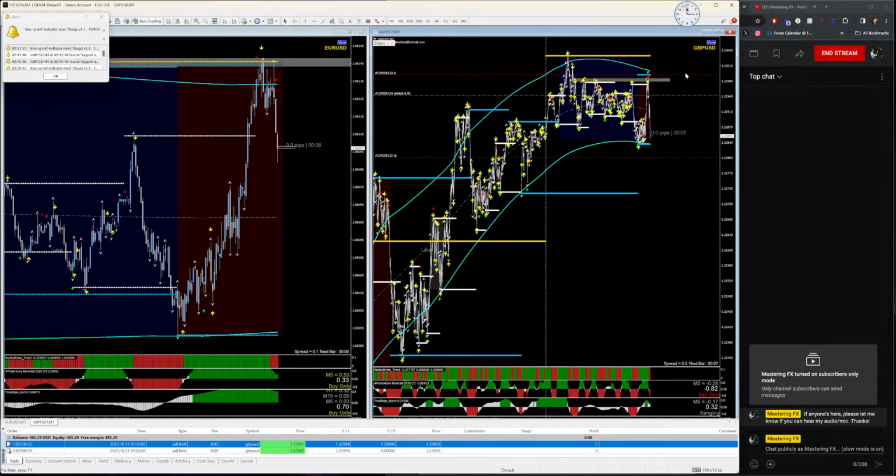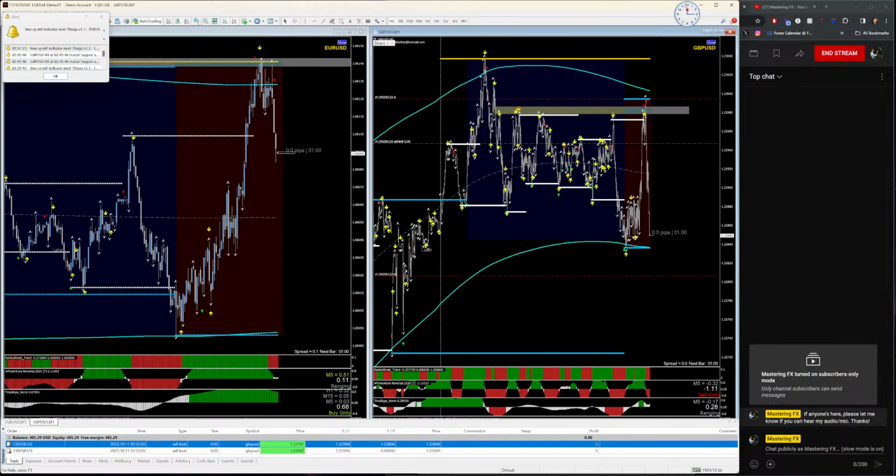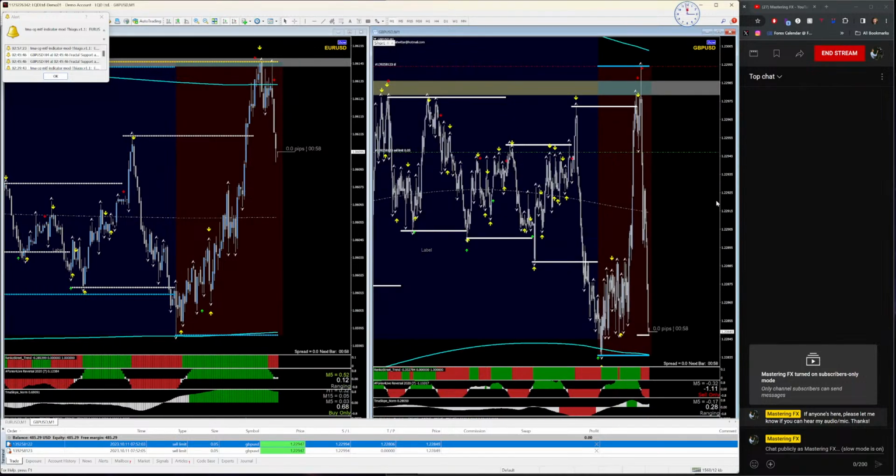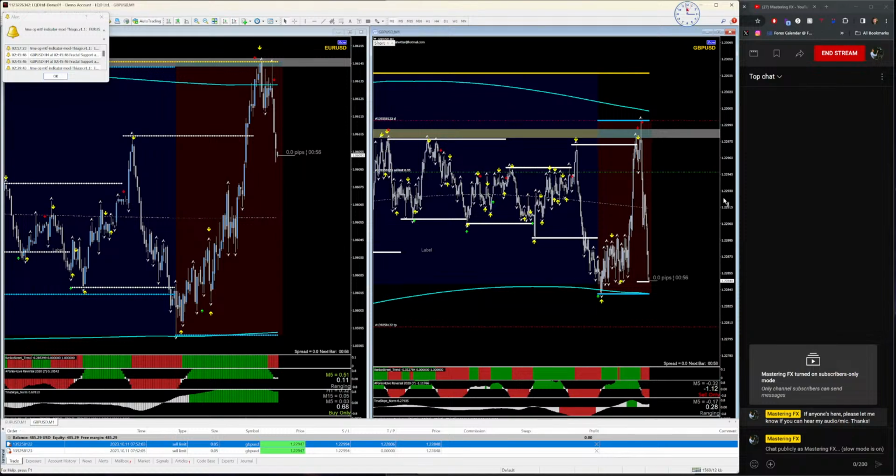There we go. That's a 1, 2, 3. Doesn't look like we're getting picked up, but that would be the first target for 0.5%.